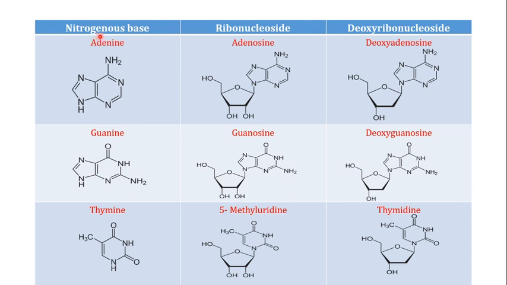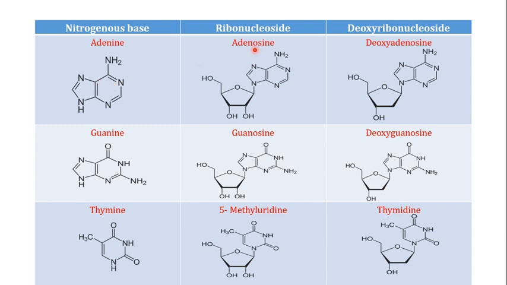Like if you talk about the nitrogenous base or the nucleobase, or simply the base. If you are using the term adenine, that is only referring to the base. If you are using the term adenosine, that means you are talking about a ribonucleoside. So adenine is only the base.